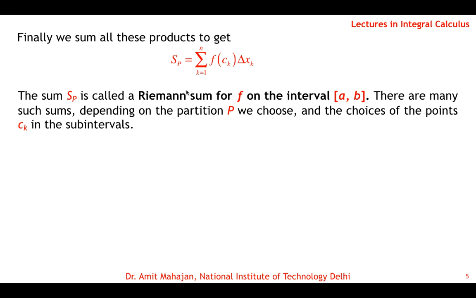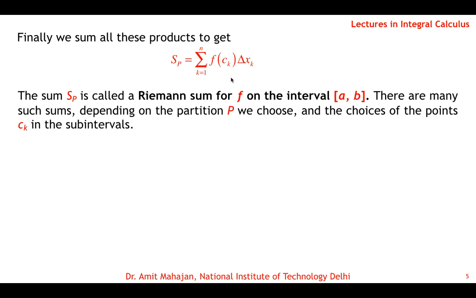So clearly you can see that any Riemann sum which is associated with a partition of a closed interval ab defines rectangles that approximate the region between the graph of a continuous function and the x-axis.